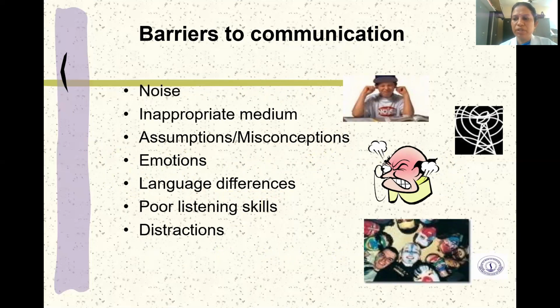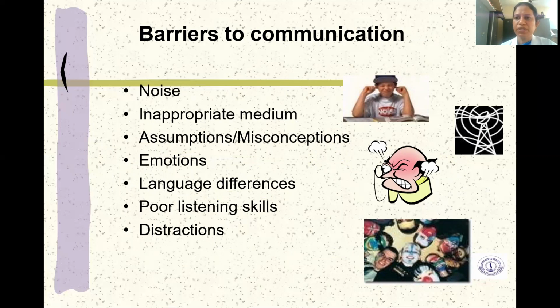Now, barriers to communication. As we have already seen, one barrier is noise. First, when there is a loud noise nearby in a classroom, no one can listen and the teacher will feel irritated. So that is noise. Second, inappropriate medium. If a teacher is talking in a language not understood by the students, again the communication is not going to be effective.